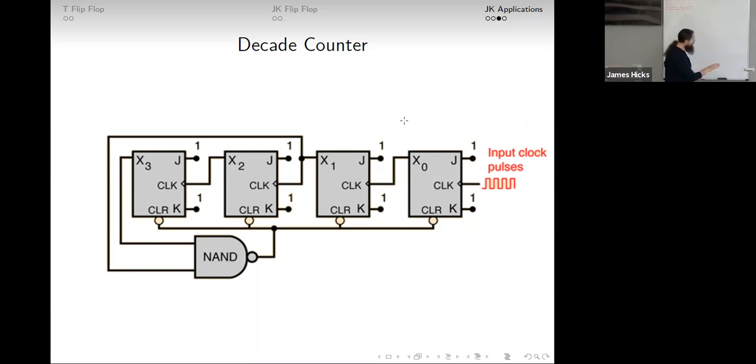What's going on here is this extra NAND gate, and that is on flip-flop 1, this one.